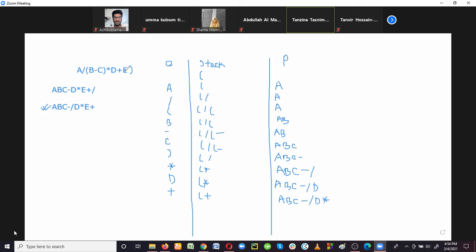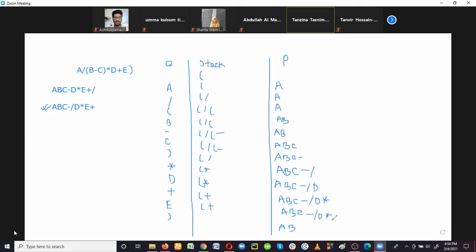Okay, and then we got another operand E. It will be added to the expression. So A, B, C minus, division, D, multiplication, and then we got a right parenthesis, which means just remove the operator and ignore the left parenthesis.